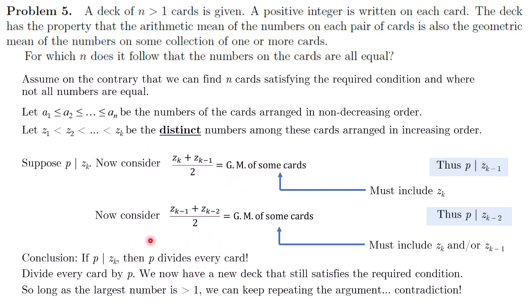So you end up with the fact that the prime divides every card, and it is not too long before the solution is derived. So personally, I think problem 5 is actually one of the more manageable ones in the past. Not sure if everyone will have the same view.